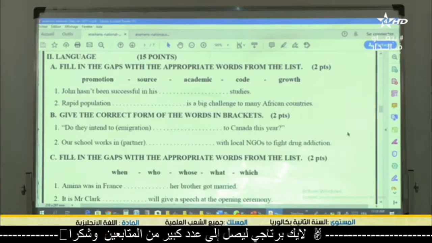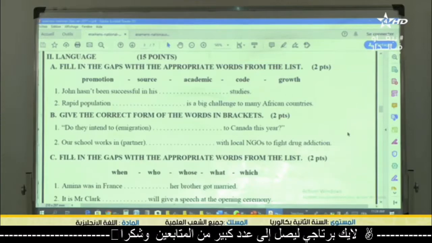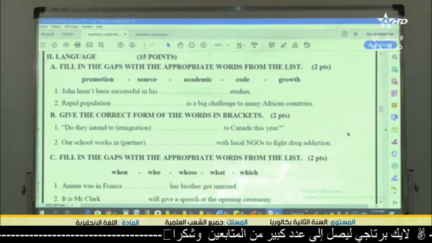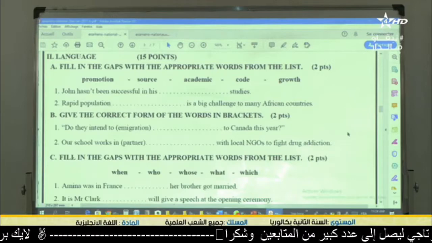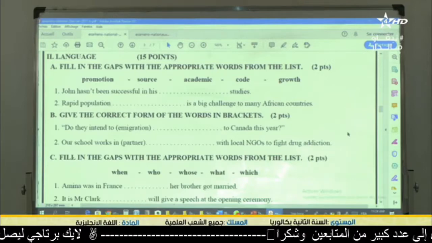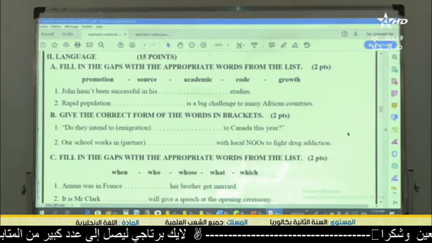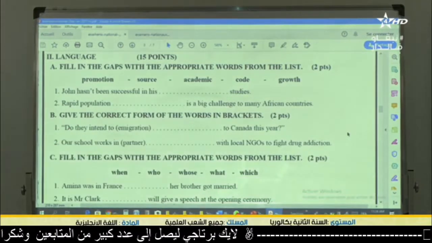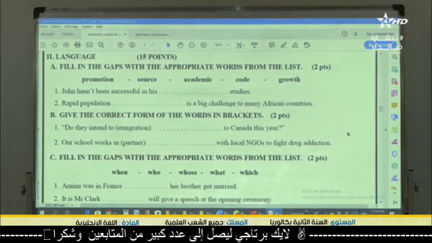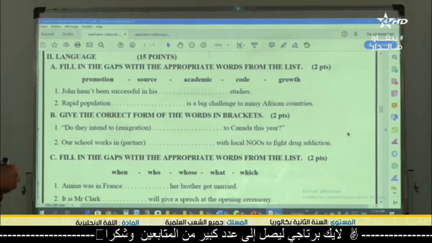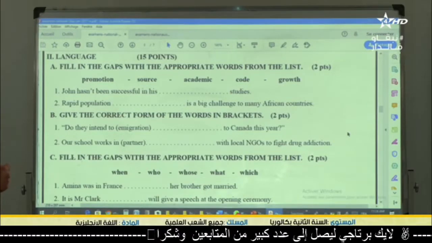If you look at sentence number 1, we have John. John has not been successful in his, and we have studies. In his what? Promotion studies, source studies, academic studies, code studies, or growth studies?